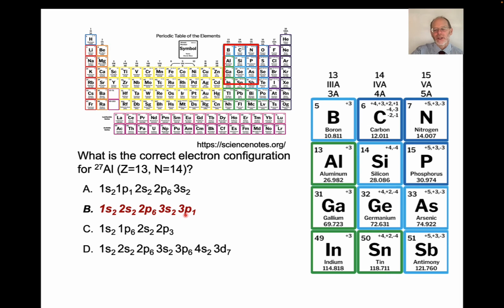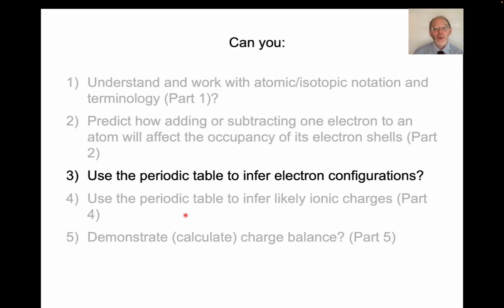And if you go back and look at aluminum, then you'll see that this is the configuration. Again, I went through this very quickly, but I hope that you'd be able to go back to the periodic table, look at the way that the electrons fill into different shells, and be able to infer electron configurations.